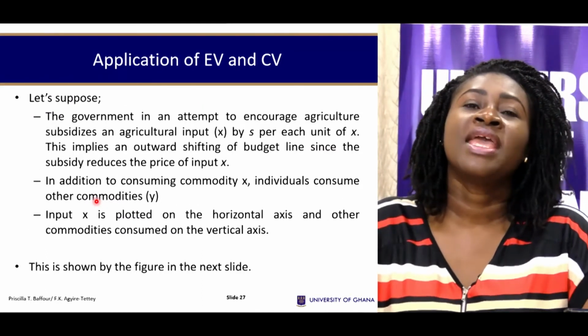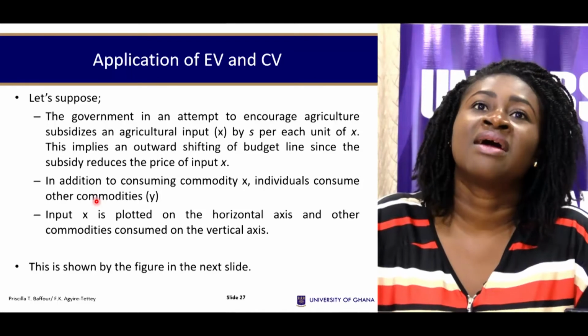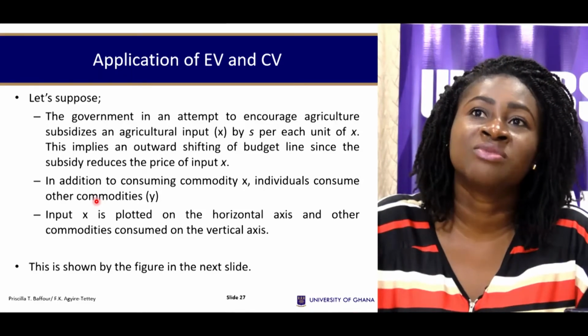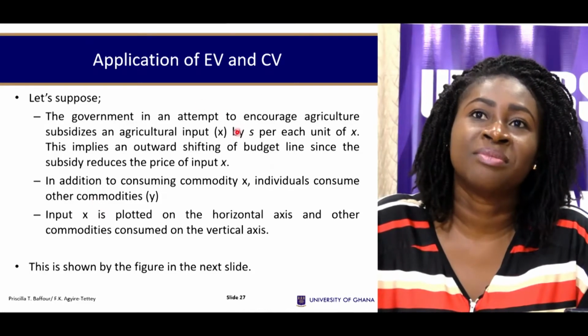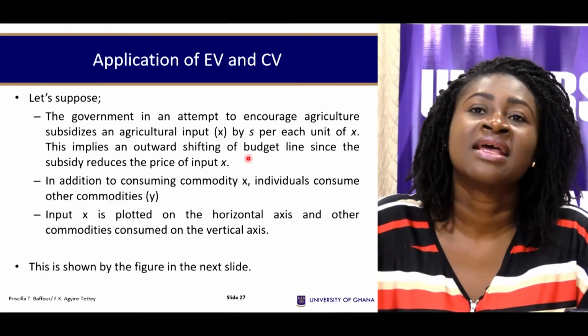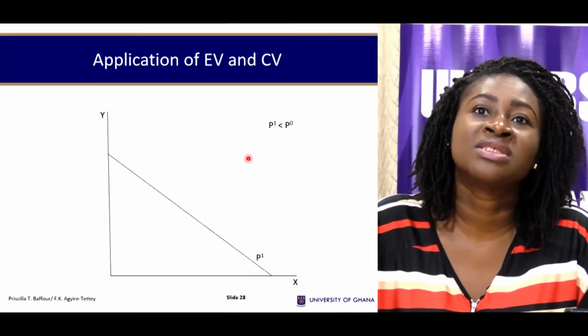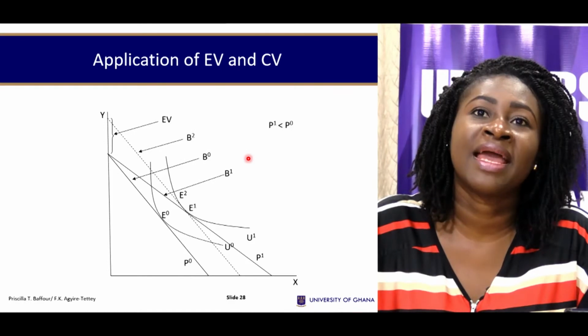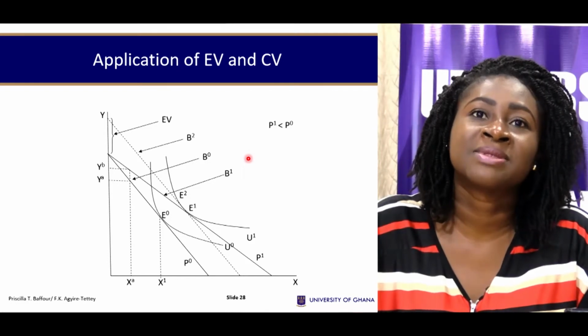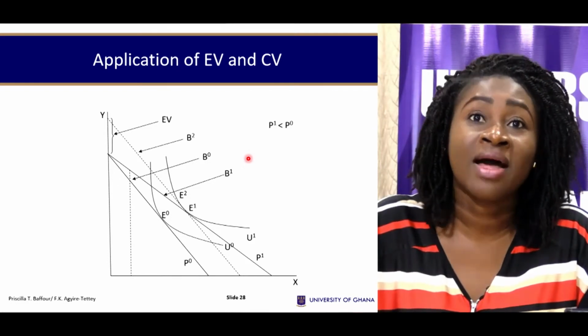Right. So here, if we want to see a scenario where government, in an attempt to encourage agriculture, subsidizes agricultural inputs by S, then it means that government will subsidize agricultural inputs by a given amount, right? So the question is, how much should government subsidize farmers, right?